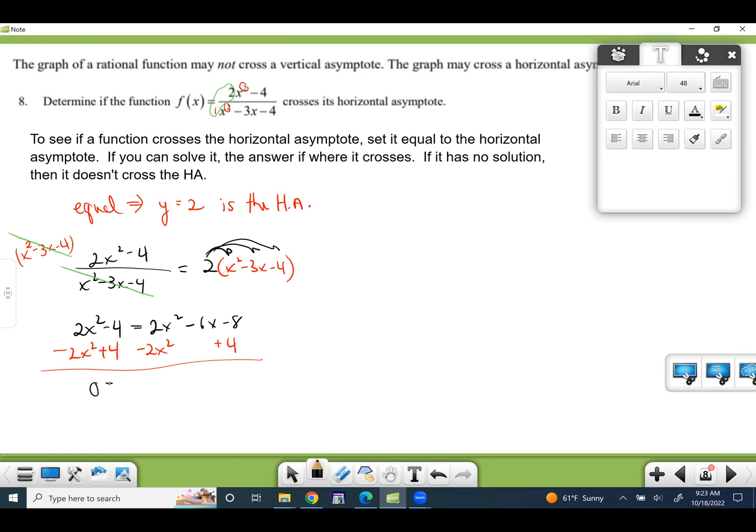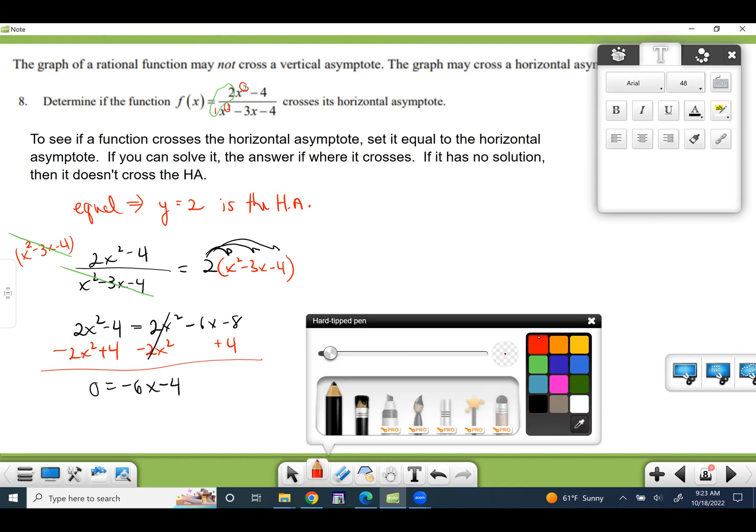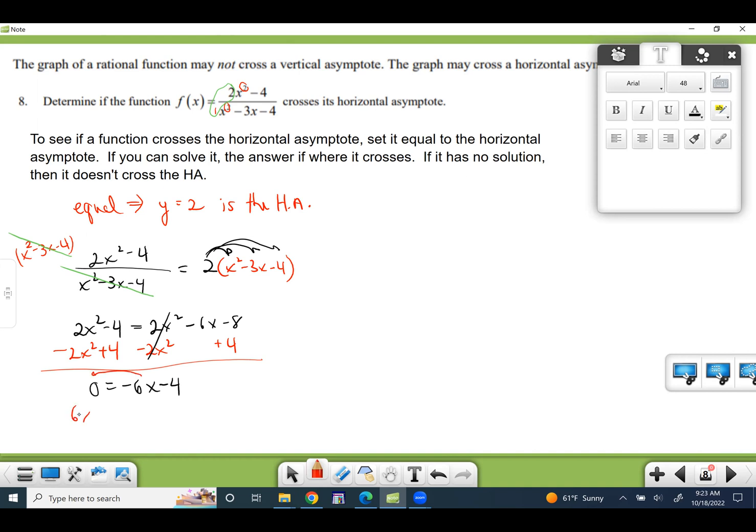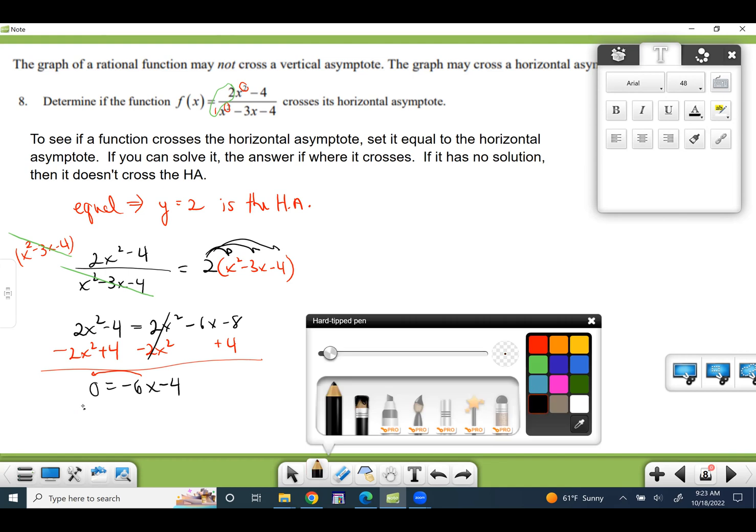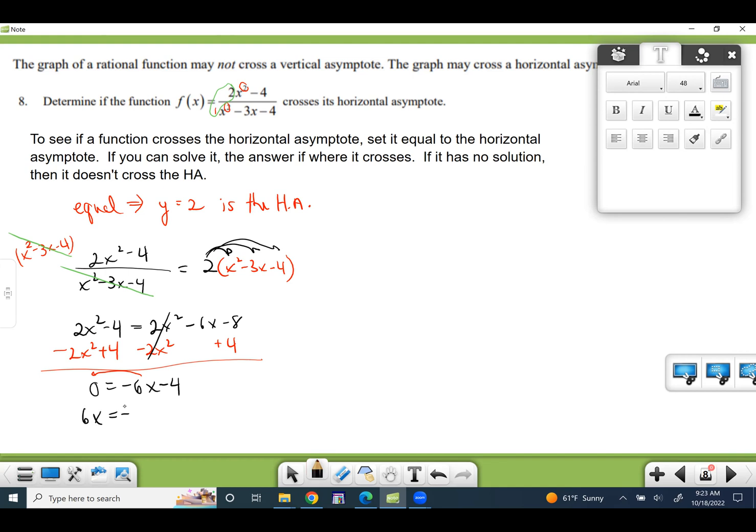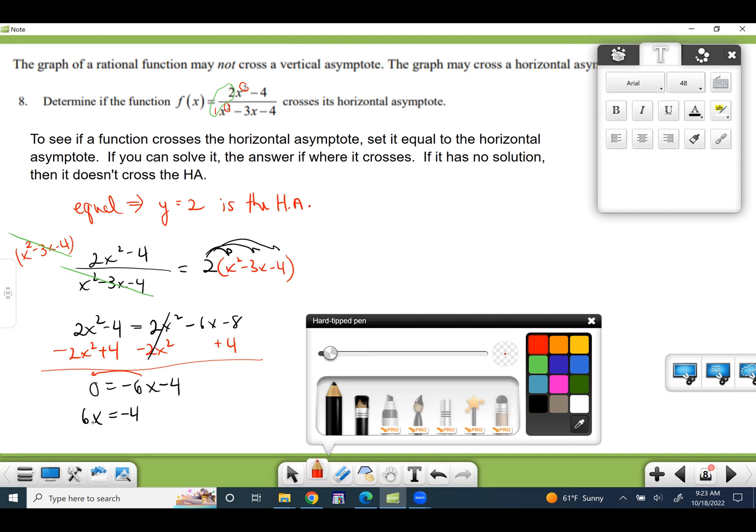So 0 equals, these are goners, negative 6x minus 4. Then it looks like we'll add the 4 over, or actually, why don't we add the 6x over? We'll move it over, and divide by 6.